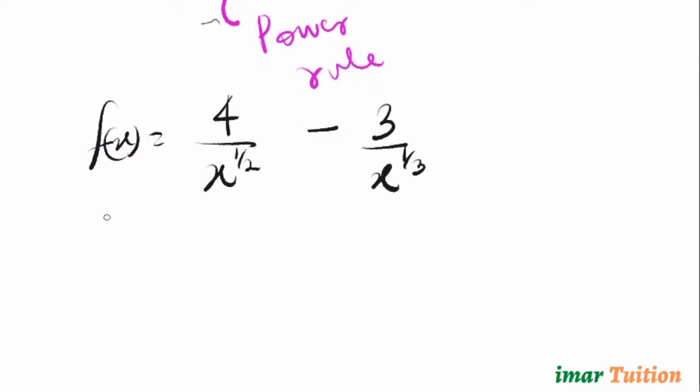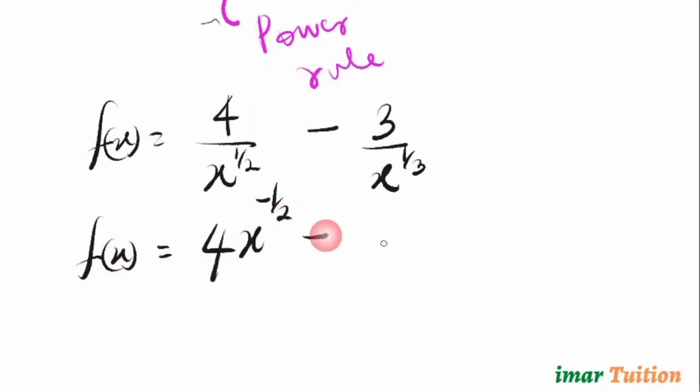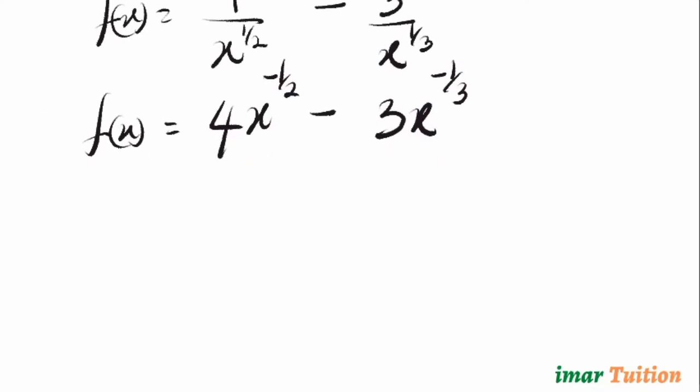So next we take them up. f(x) will be equal to 4x raised to the power minus 1 over 2 minus 3x raised to the power minus 1 over 3. Now we'll go ahead and take the f prime of it, which means we differentiate.